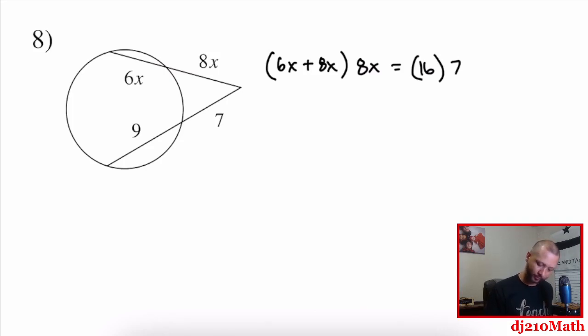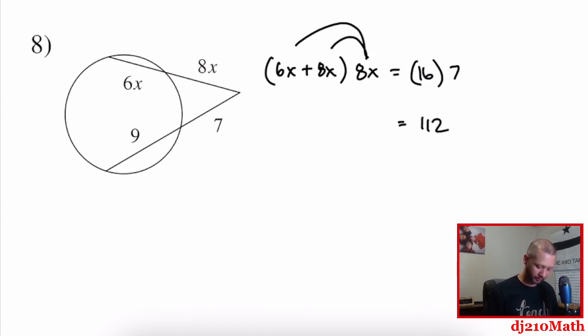Okay. Let's distribute. I'm curious though. Let's see what 16 times 7 is first. The right hand side is going to be 112.